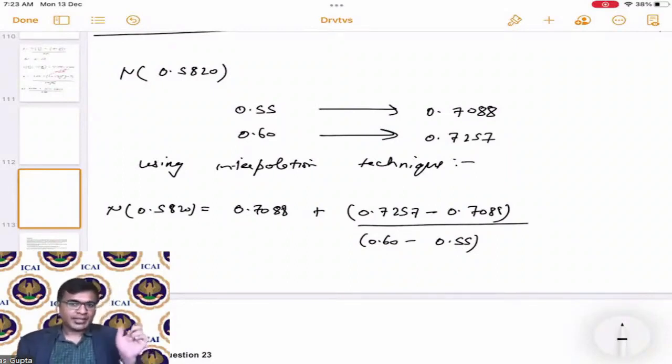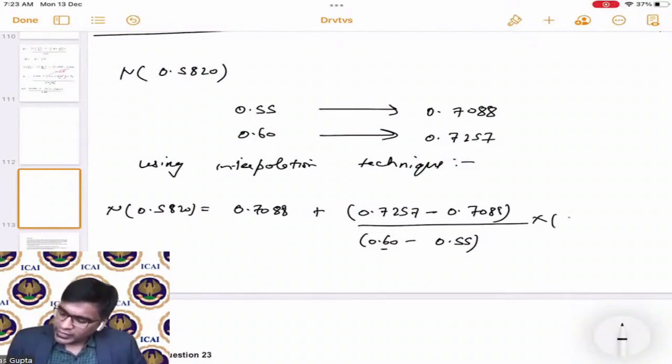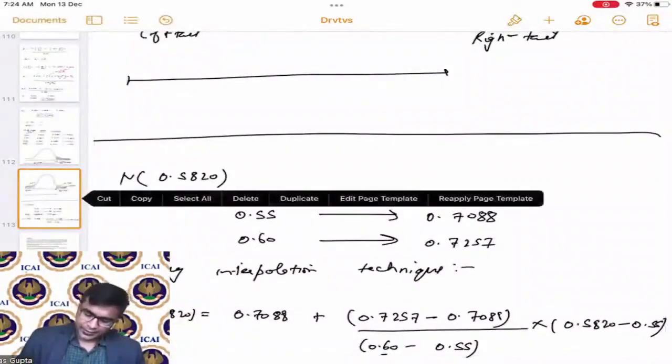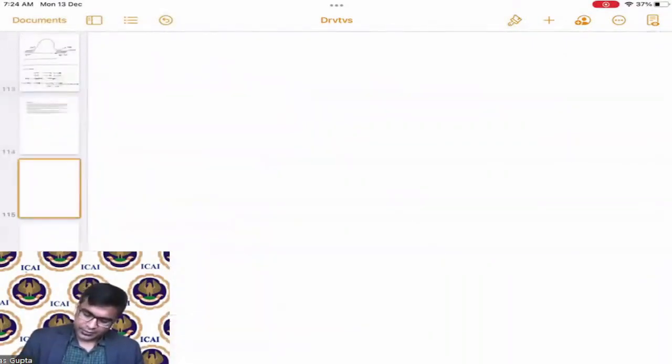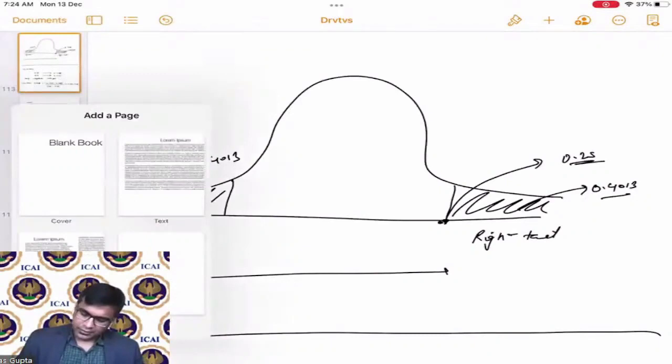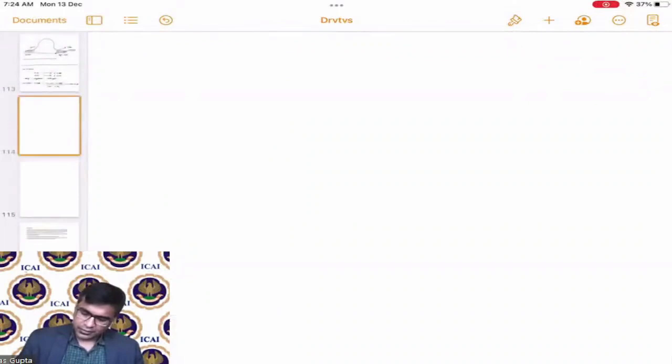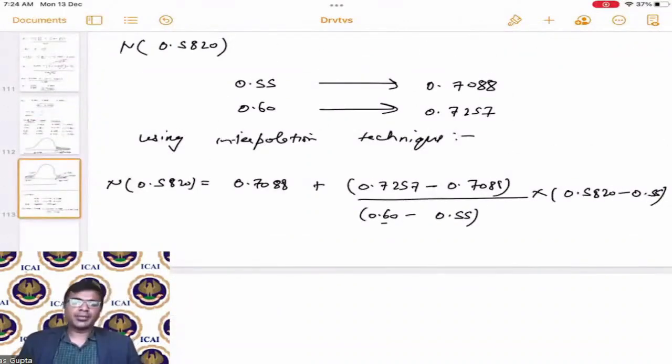But if this is the difference for 5 points, 60 minus 55, then what is the difference from the required value, which is 0.5820 minus 0.55? Simple. This is a very simple interpolation technique that we have used.